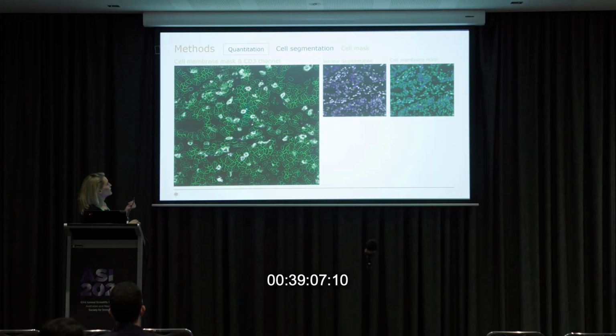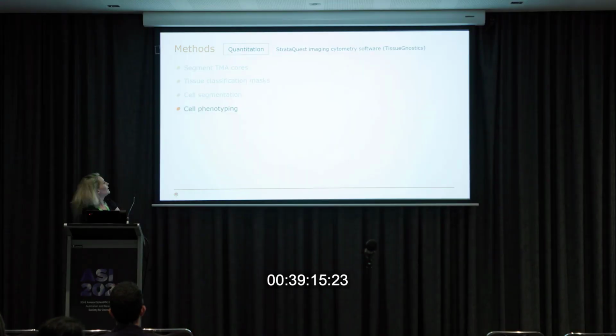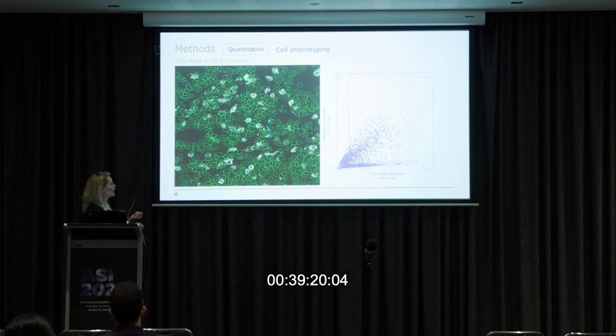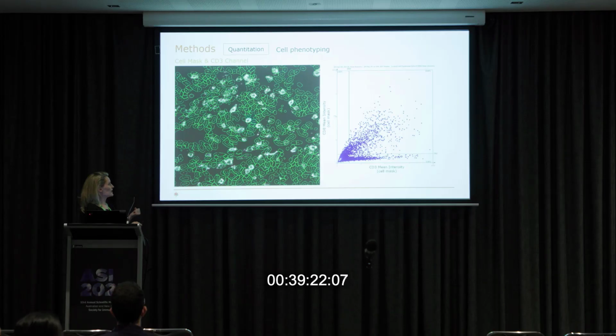This is CD3, and I will then say, right, is my CD3 mostly sitting within where that cell mask is? Am I happy with it? And then we go on to the phenotyping. So for each of those cell membrane masks, you can then look at the fluorescence intensity in them. And there's a whole range of data that you can output.